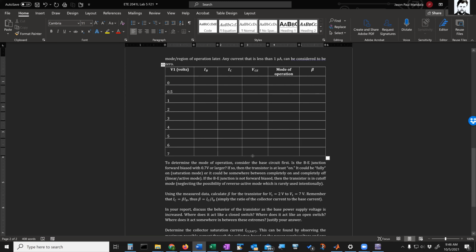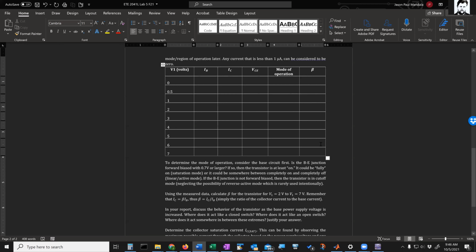And again, the beta value is going to change, especially over here at saturation mode, because think about it, the collector current is no longer increasing. So the numerator of that expression is no longer changing, but the denominator is still increasing. So beta should be roughly 120 to 150 in probably this region here.